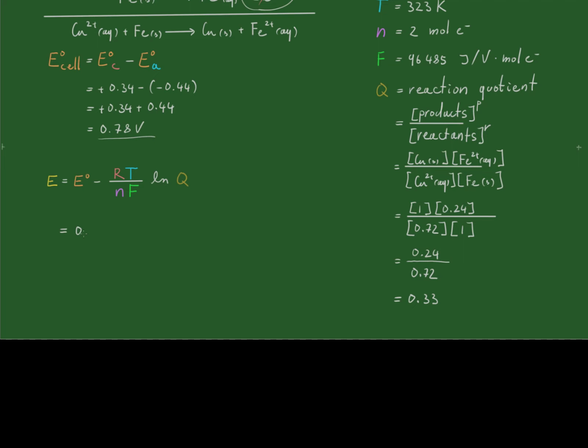So we have 0.78 for the standard cell potential minus R, which is 8.314, multiplied by the temperature, which we have said is 323, over 2 moles of electrons times the Faraday's constant, times ln of Q, which we have calculated to be 0.33.